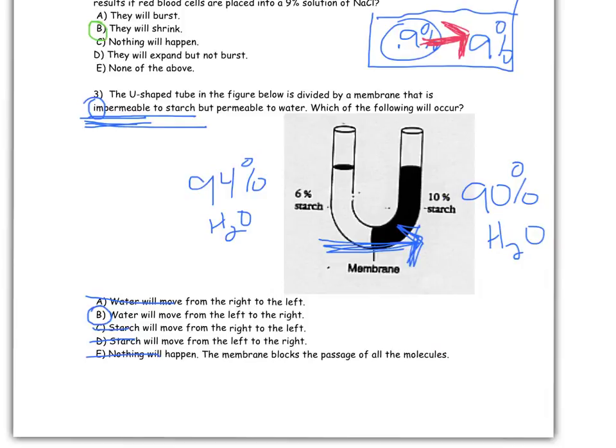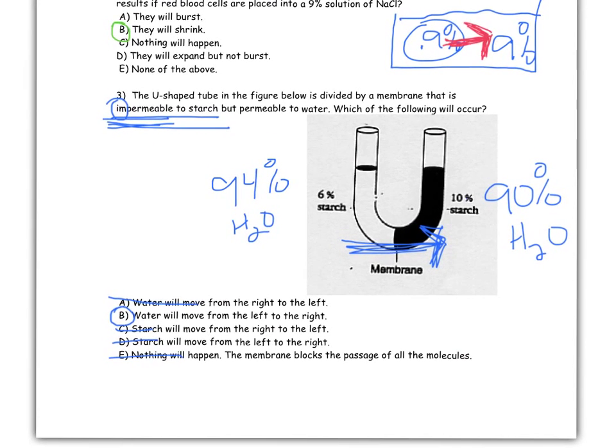Notice I've checked my answers. I've written on my paper, on my scratch paper, whatever I'm allowed to write on, and I made sure that I identified the impermeable part. So I know starch is not permeable. I know that this is a semi-permeable membrane. I know where water is the highest, where it's the lowest. I know where the solute is the highest, where the solute is the lowest.